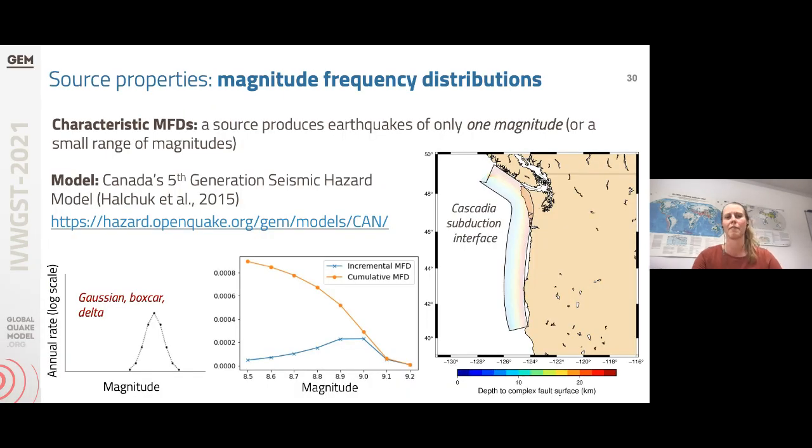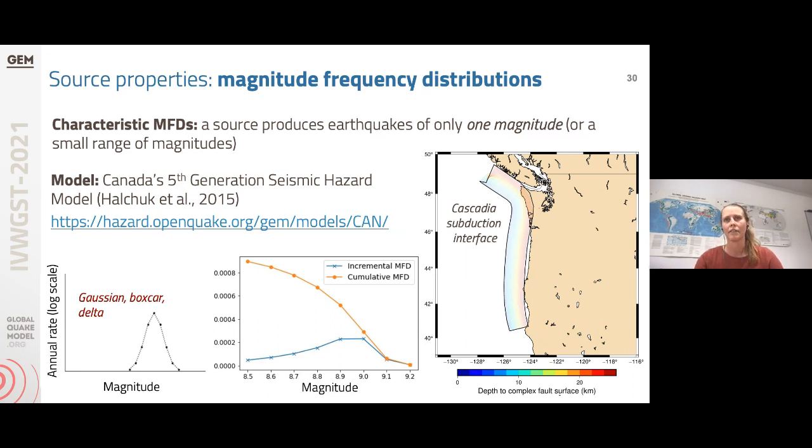The second type of magnitude frequency distribution is a characteristic MFD. And this is a type of MFD that assumes sources produce earthquakes of only one magnitude or a small range of magnitudes. And so this is an example taken from Canada's 5th generation seismic hazard model and corresponding to the Cascadia subduction interface.